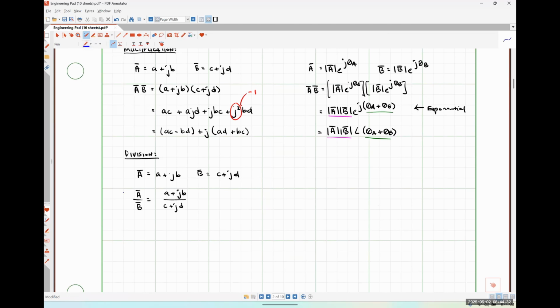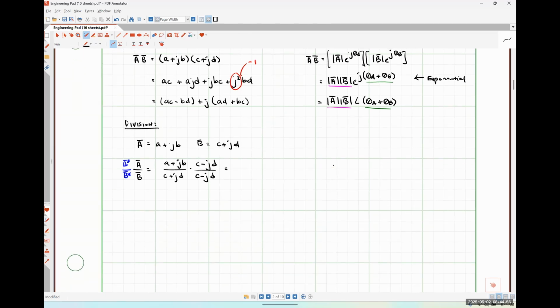That's going to be important here when I do this division, because what I'm going to do is multiply this by B conjugate over B conjugate. That's me multiplying this by c minus jd over c minus jd. Now we know that our denominator, based on that identity I just showed you, is just going to wind up as c squared plus d squared.